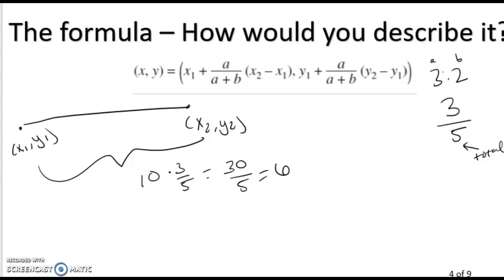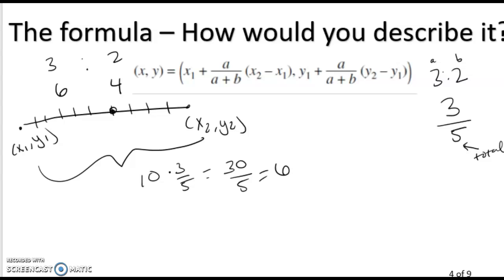So if I split this into 10 pieces, 1, 2, 3, 4, 5, 6, 7, 8, 9, 10. If I went 6 pieces, 1, 2, 3, 4, 5, 6, I would be 6 pieces to 4 pieces. And if you reduce that by 2, that's ultimately a 3-to-2 ratio.